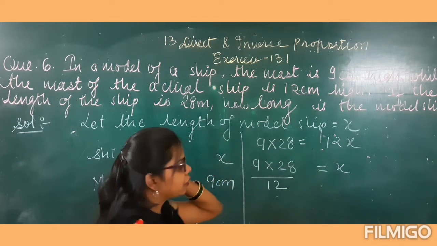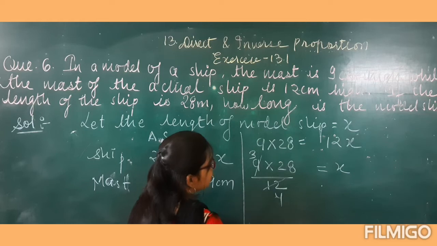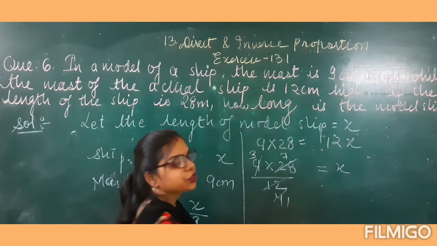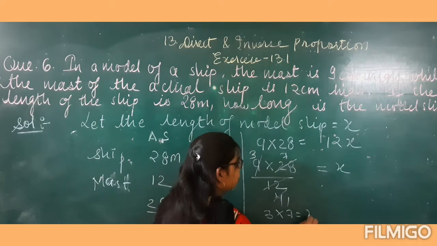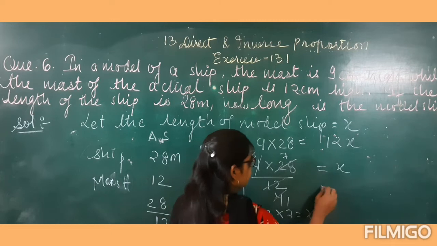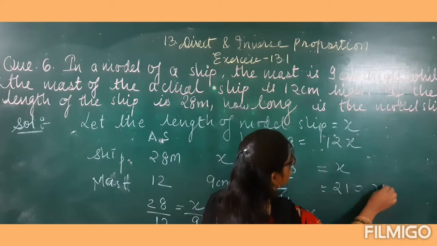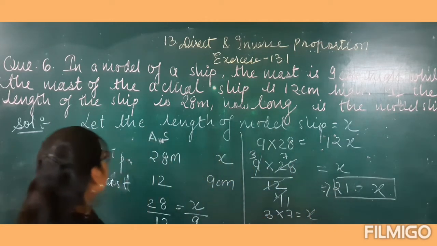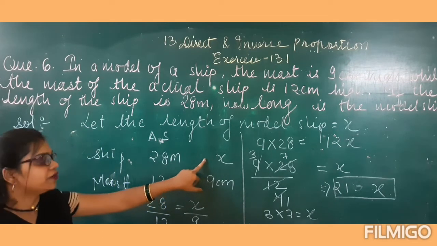You can cancel it from here. 3 3s are 9, 3 4s are 12, 4 1s are 4, 4 7s are 28. From here you will get 3 into 7 is equal to x. So 3 into 7 is 21. So the value of x here is 21. So 21 meter is the length of the ship.